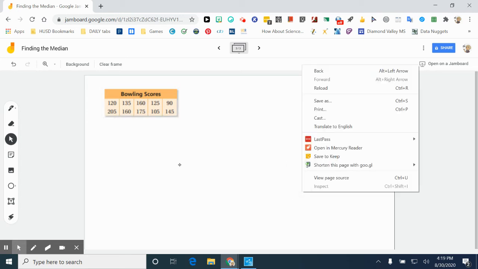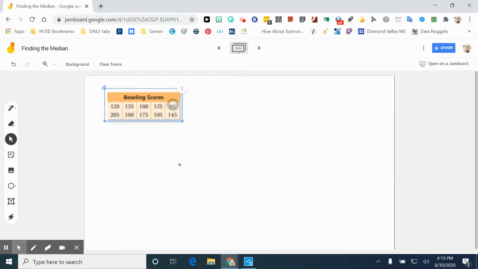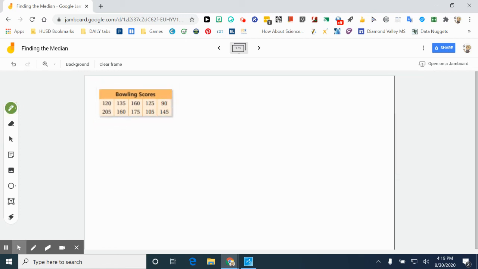So I'm going to put, let's see, 90 looks like the smallest. So, oops, I better change my pen. 90. Okay, I'm going to cross that off. And then 105. And then 120. Okay, then 125.